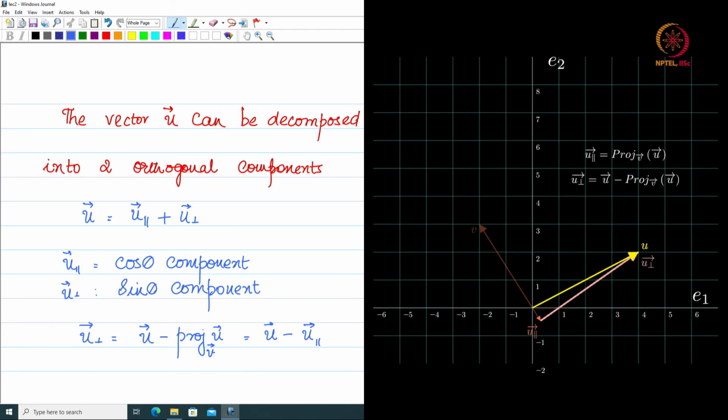That is the notion that we are going to have for our orthogonal component. That means what have we done? We have basically removed the horizontal component to get the perpendicular component, which we get as u perpendicular, which is orthogonal to the component u cos theta. Is that okay?